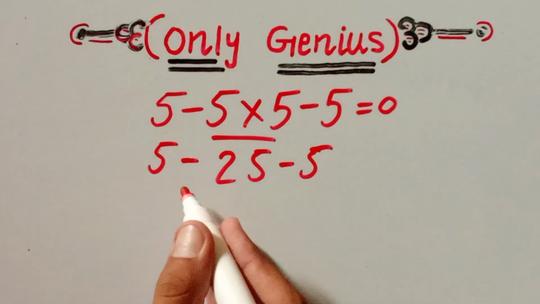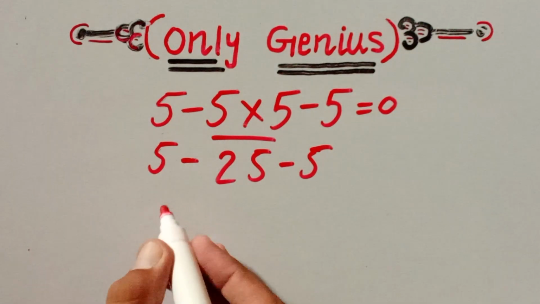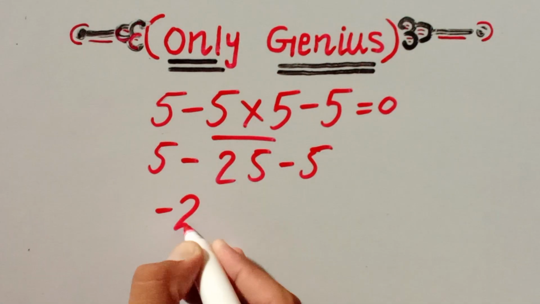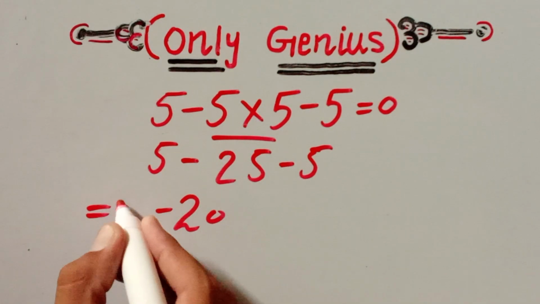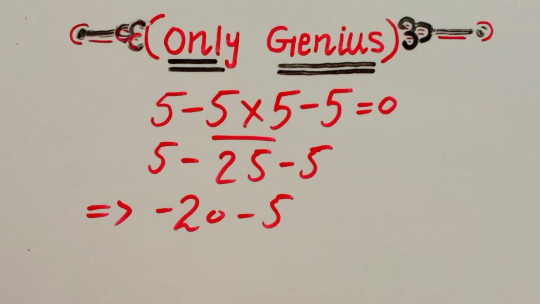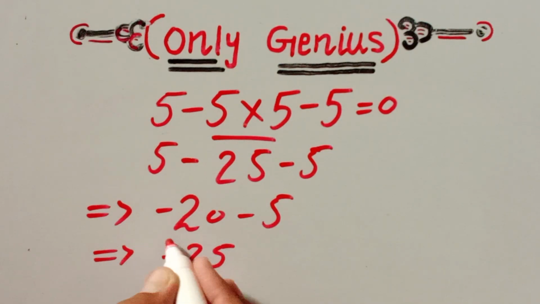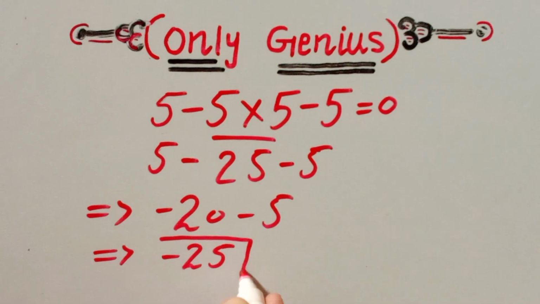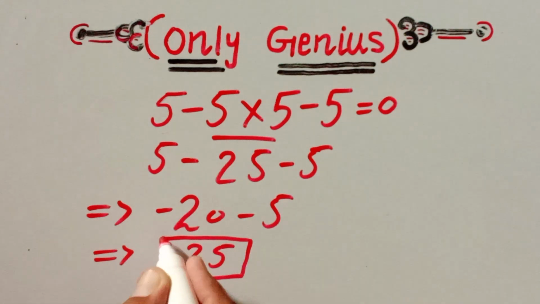Okay, so 5 minus 25 is equal to minus 20. Okay student, then minus 5. So minus 20 minus 5 is equal to minus 25. Minus 25. Student, this is our final answer for this expression.